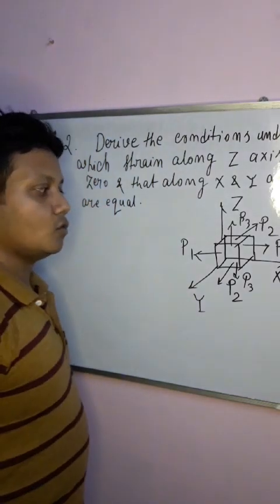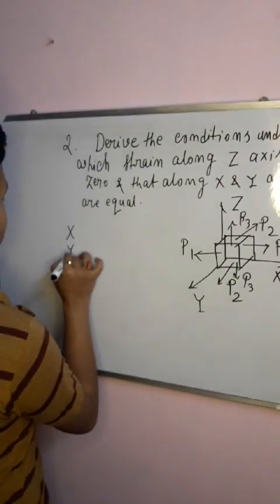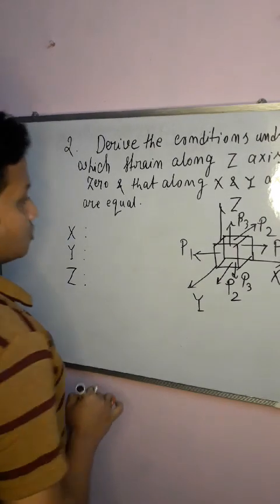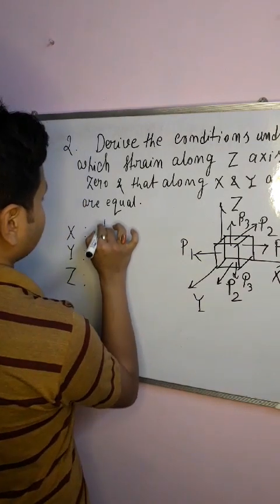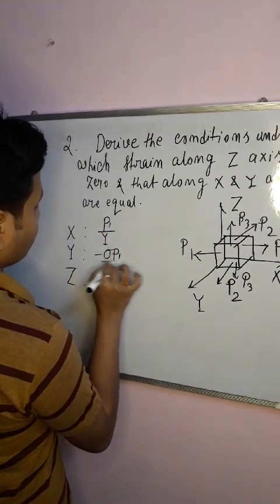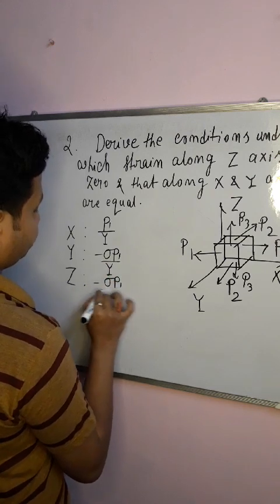So this is y axis, this is z axis, this is x, y, z. Now due to the force P1, there is an extension along x axis and contraction along y and z axis.